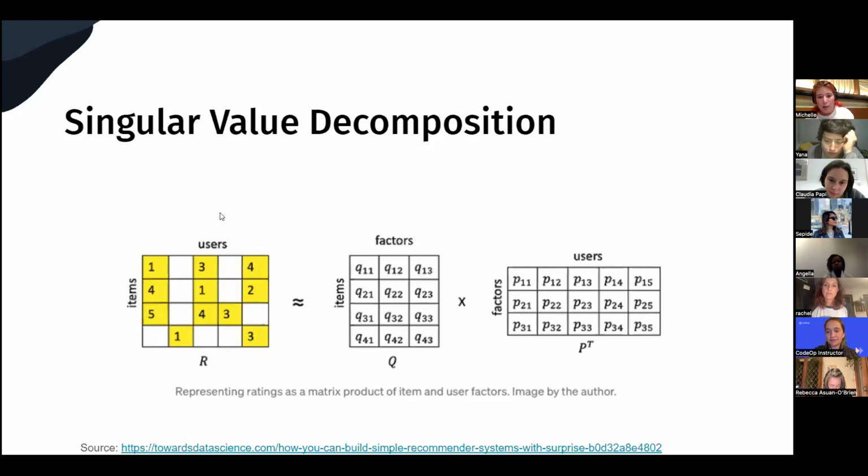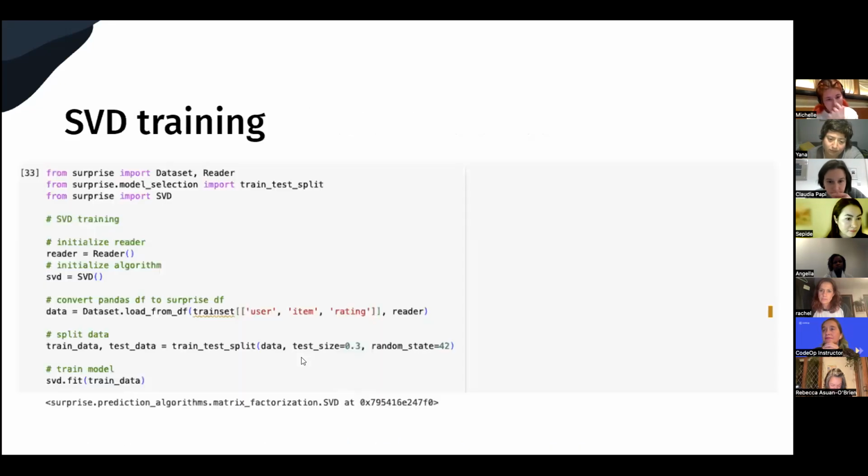And we can find, with an algorithm similar to what we did with principal component analysis, the relation between all the users and all the items to fill in the gaps.